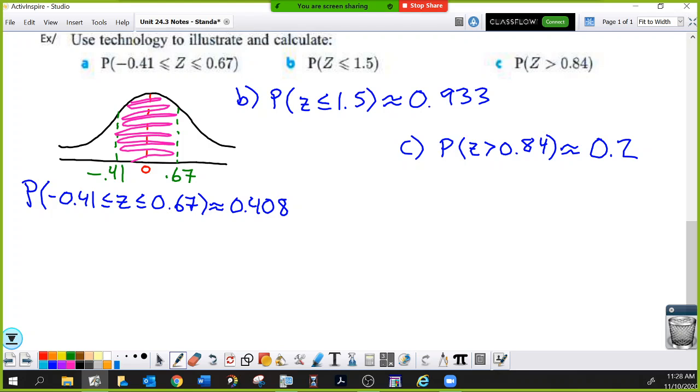How do you know when to use a different number like that? Well, because it said less than 1.5. So I had to go all the way to the negative, ridiculous small stuff.